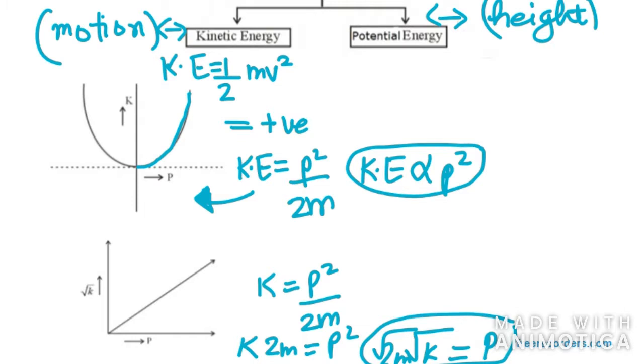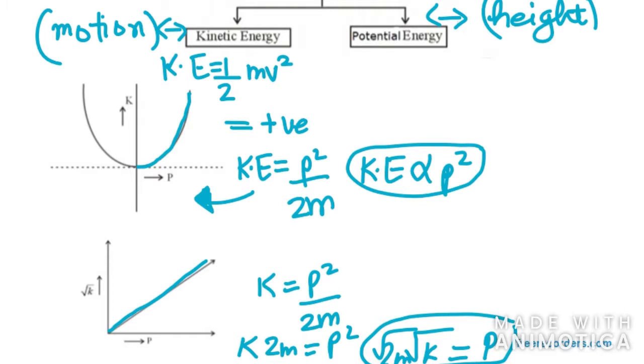So as you can see, p is proportional to under root K, and the diagram will be a straight line. As you can see, we have a relation between p and K as variables. So as you increase p, there will be an increase in under root K, the kinetic energy.